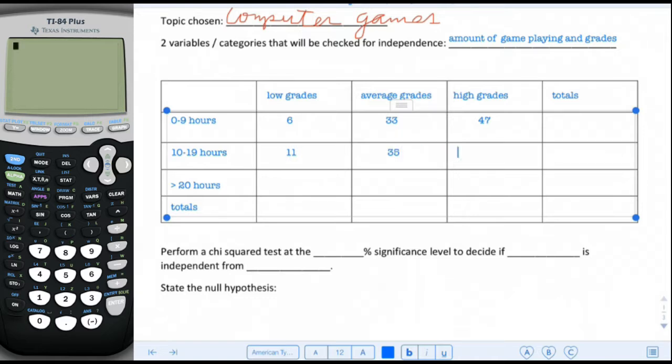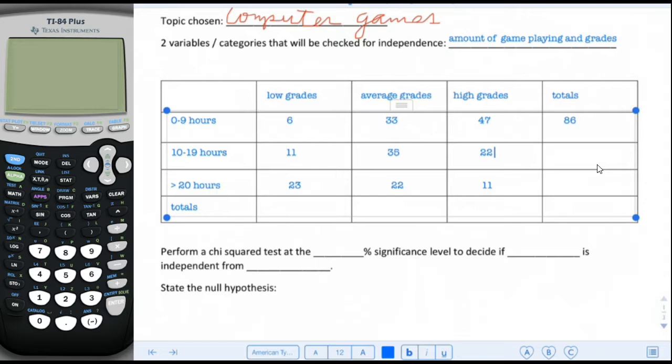I'm not going to make you watch all this boring part of me selecting numbers, but you're just going to choose numbers which you think make sense for each category. Then you're going to total up each of these rows. For example, the first row is 6 plus 33 plus 47, which totals up to 86. So I'm going to put the total 86 here. Okay, and then I'm just going to total up each row just like that.